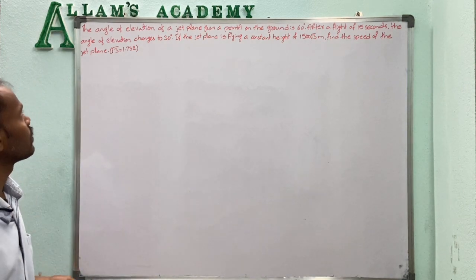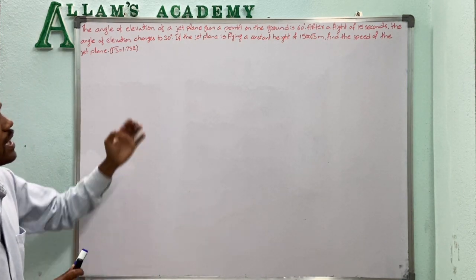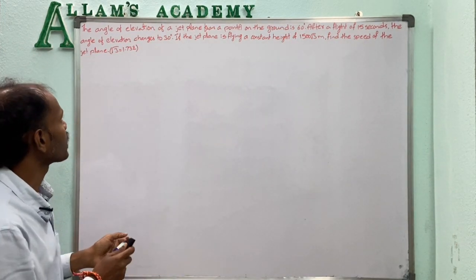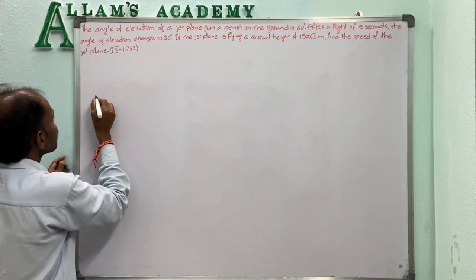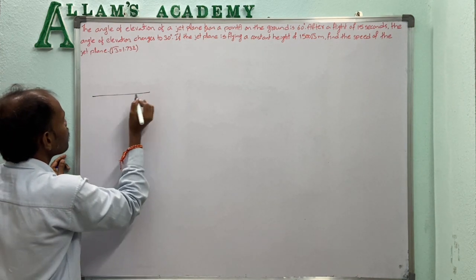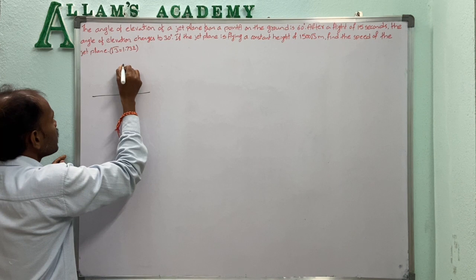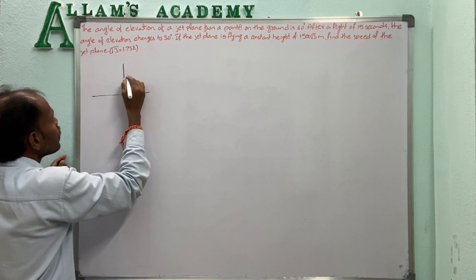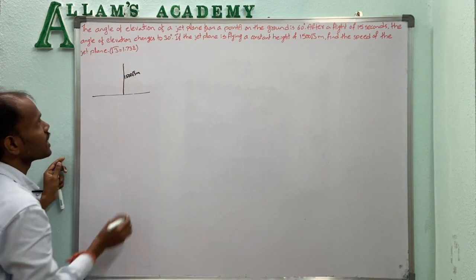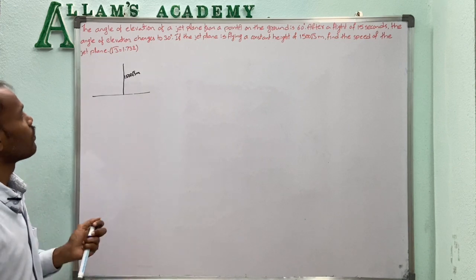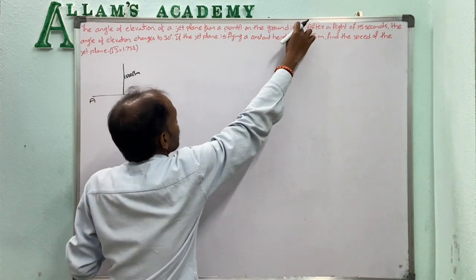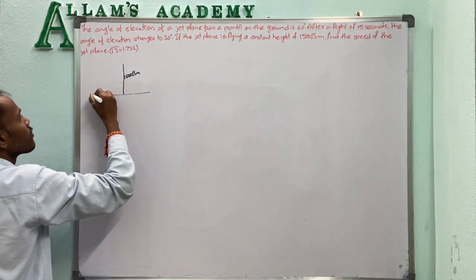For this information, if we draw the diagram, a jet plane is flying at a height of 1500 root 3 meters. From a point A we are observing, from the base to a height of 1500 root 3 meters, the jet plane is flying. We observe from point A with a 60 degrees angle of elevation.